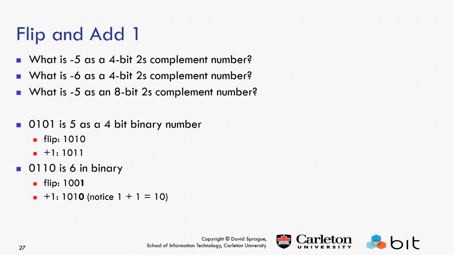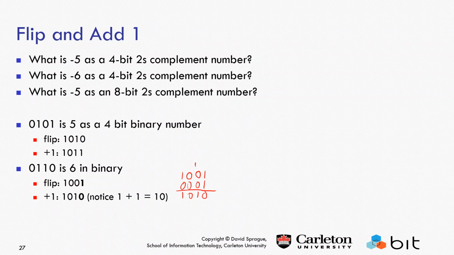Hopefully I'll try and write it out a bit more clearly. Carry 1, which is why we get what we have. Okay, that is 6 as a 4-bit 2's complement number.